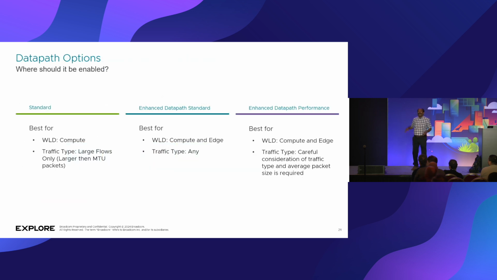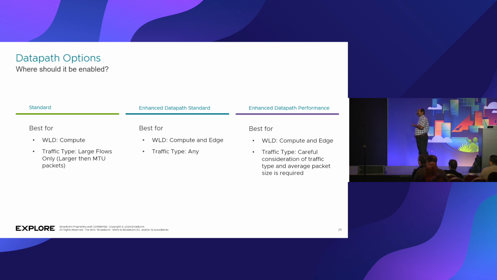All right, here's the question that you were asking. Standard data path is where you're at right now, which is most often used, and is really good for large flows. But the recommendation is to try implementing enhanced data path standard mode, which is good for both large and small and diverse types of flows.